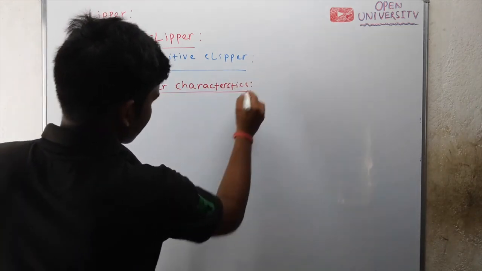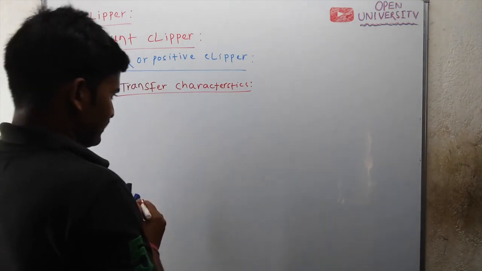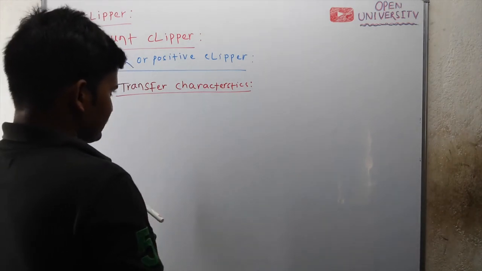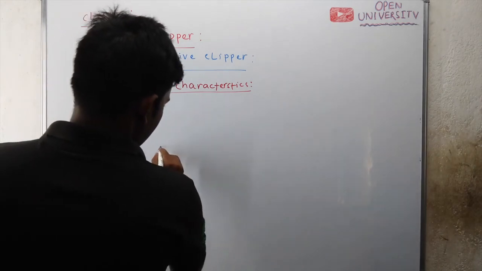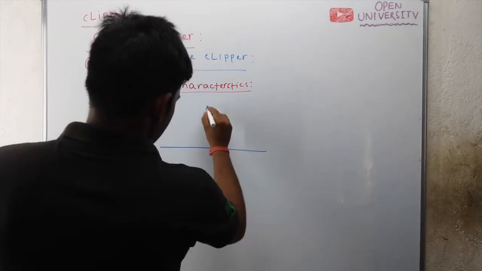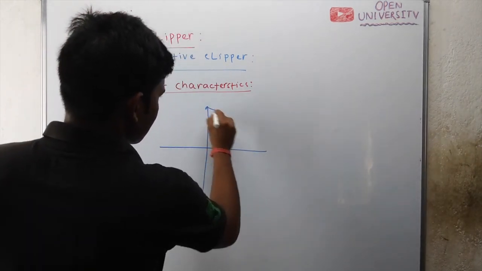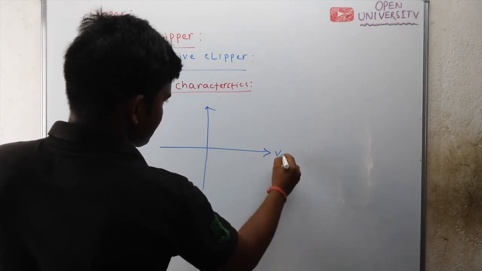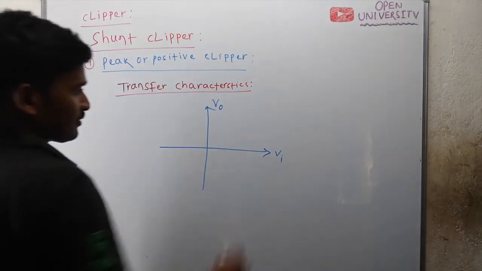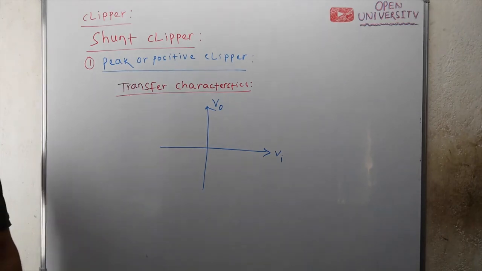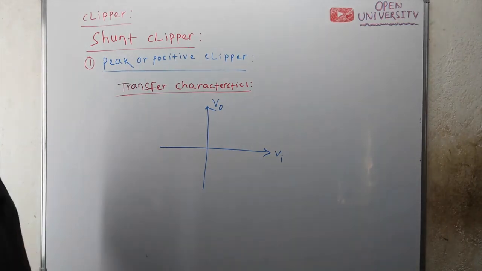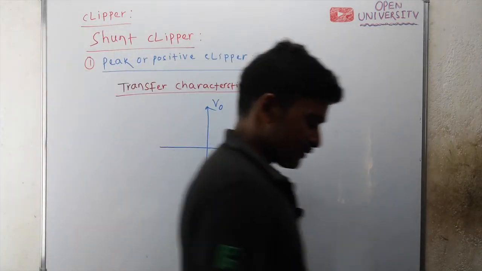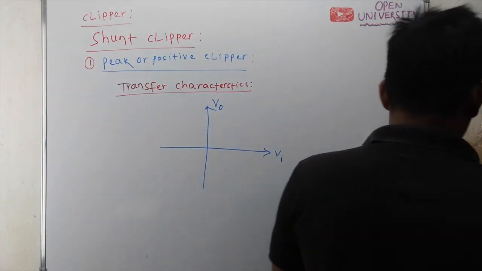What is transfer characteristics? It is basically the graph between the output voltage and input voltage. Let this axis be input voltage and this your output voltage. Write down, it is a plot of output voltage versus input voltage.